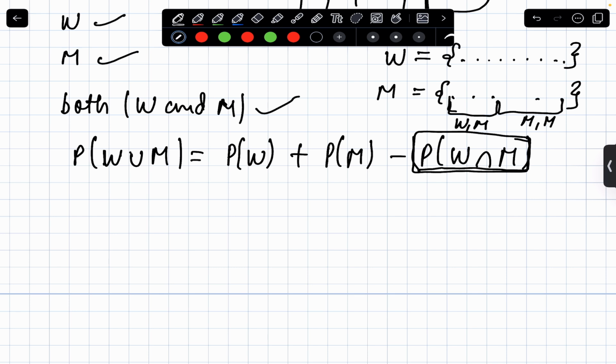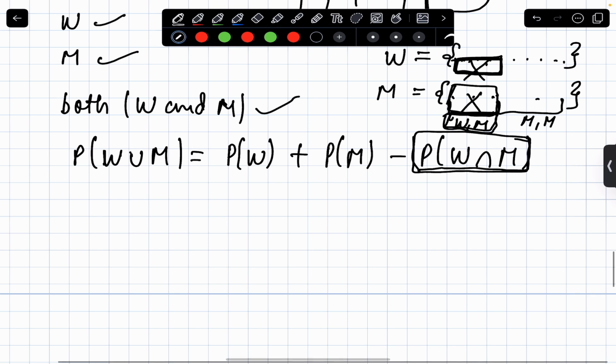So we need to remove this to get what is reasonable or sensible, which is what we actually want to find.